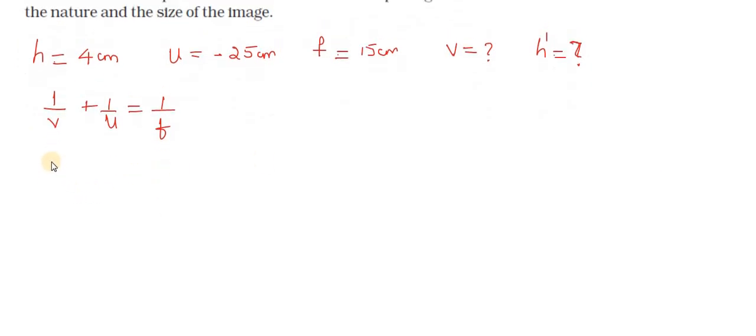1 by v, we don't know what 1 by v is, so write v as it is. Plus 1 by u, where u is minus 25.